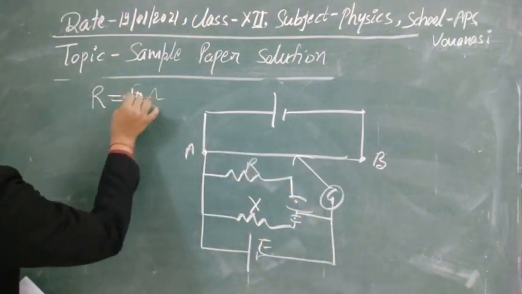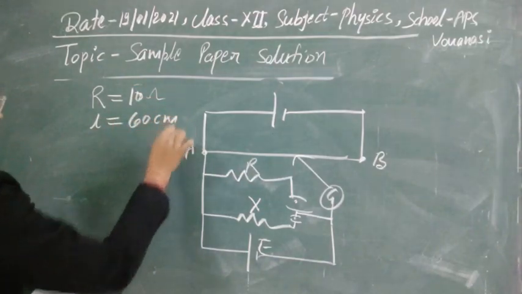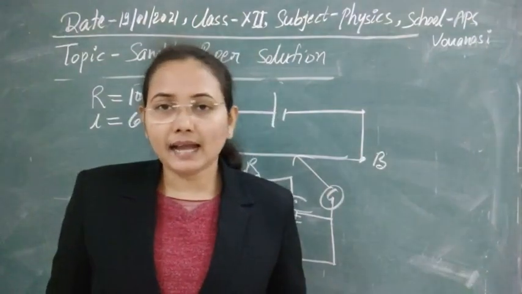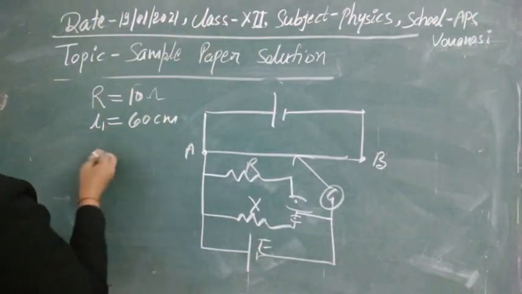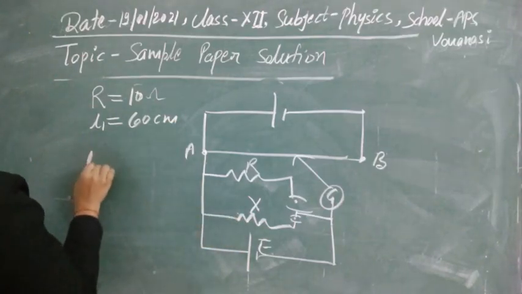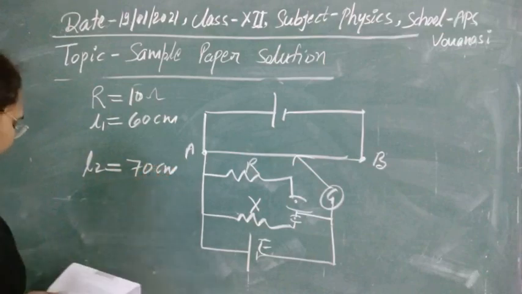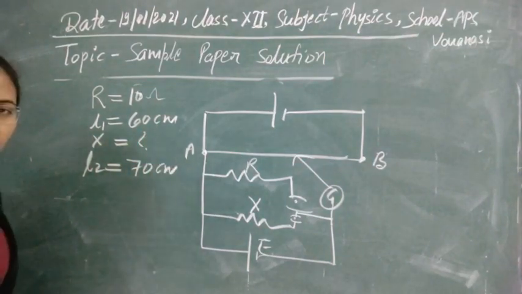Suppose we take this balance point as L1, equal to 60 centimeter. While that with the unknown resistance X is 70 centimeter. So for the unknown resistance X, suppose this balance point is L2, that is 70 centimeter. Then we have to find the value of X.